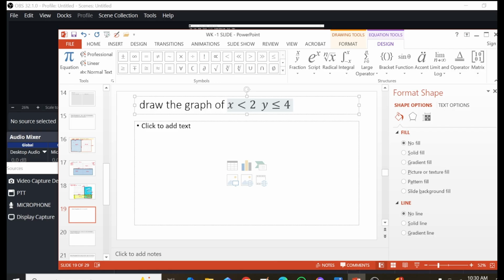and another one, let's say x is greater than or equal to minus 4.